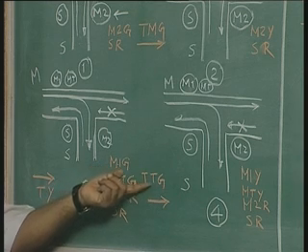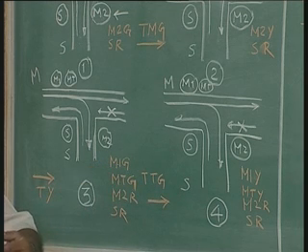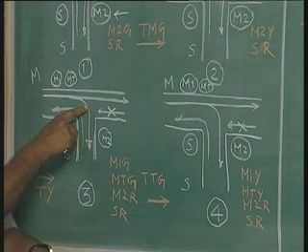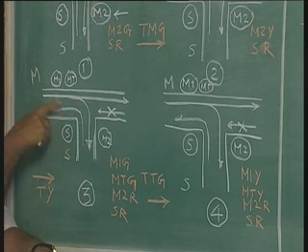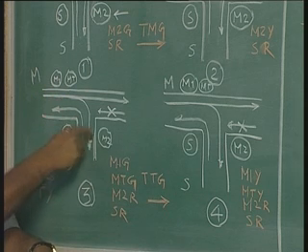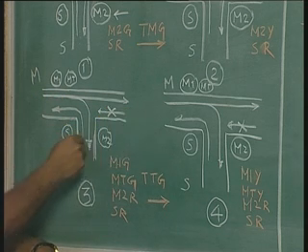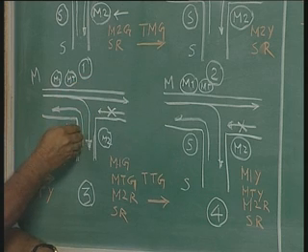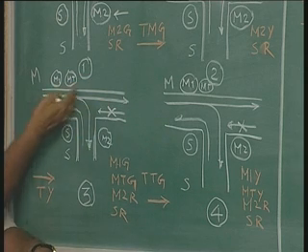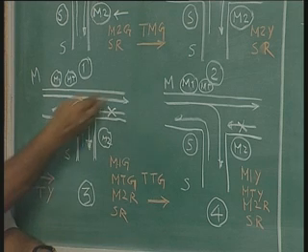At the end of TTG, I should stop the traffic from main to side, and let the side street traffic back into the main. Originally I allowed traffic from main to side, now I should allow it from side to main.